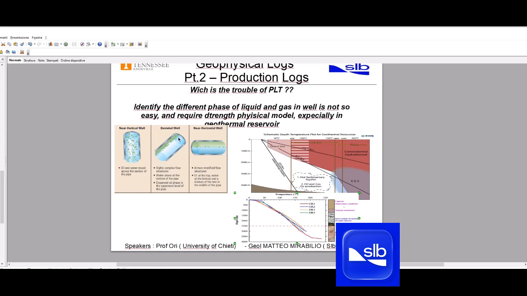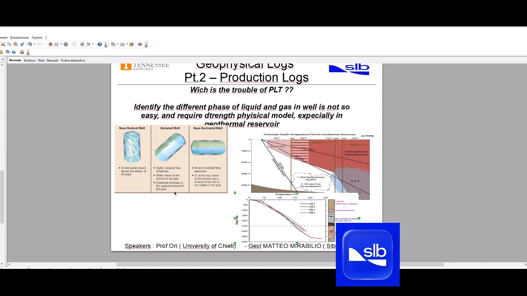When we have a deviated well, the densest particles, for example oil, try to impact the upper surface of the well, and there is a highly complex flow structure, with the water phase at the bottom of the pipe.